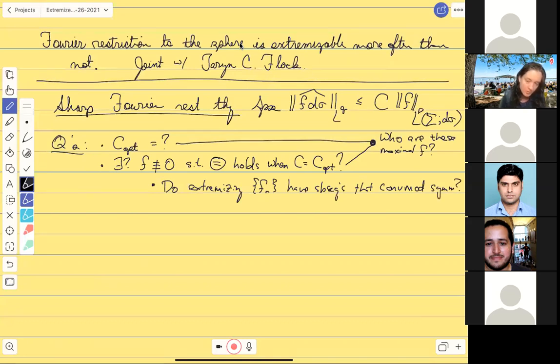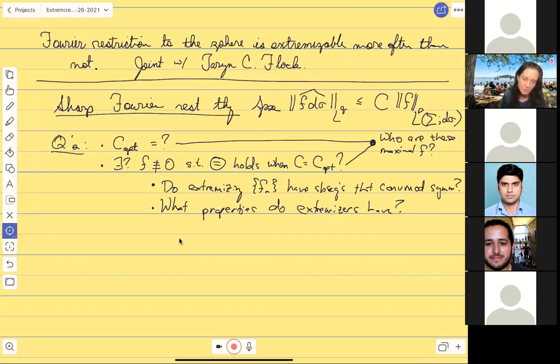And a little bit more generally, what properties do extremizers have? One can also ask for properties of near extremizers, those are functions that miss the optimal constant by just a little bit. By quasi-extremizers, those are functions that are bounded below by something that's smaller than C, but not too small. And also epsilon quasi-extremizers, where this constant might be very, very small.